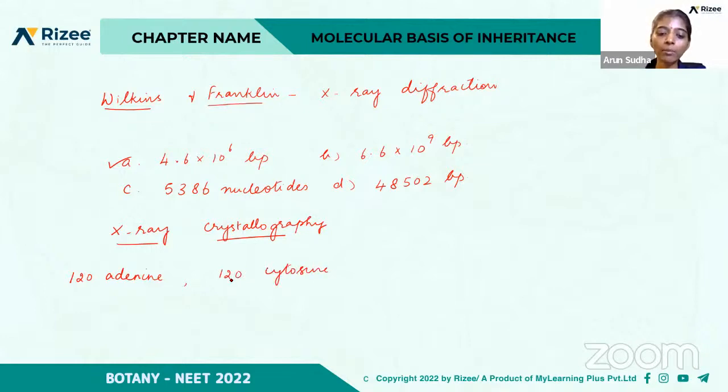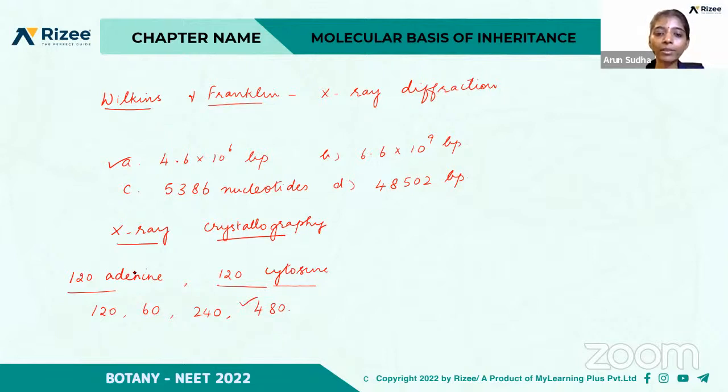So the total number of nucleotides in this DNA fragment is 120, 60, 240, or 480. So which is the correct answer? The short length of a DNA molecule has 120 adenine and 120 cytosine. So the total number of nucleotides is, D is the right answer.